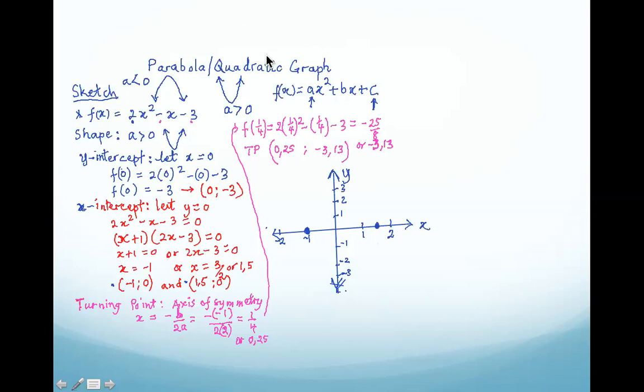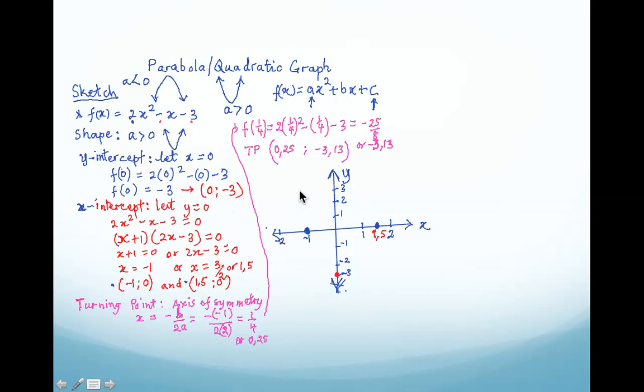So this one I can say 1,5 here. Now, the next thing we need to look for is the y-intercept. The y-intercept is 0, -3. It is a y-intercept, so it must be on the y-axis, so -3 here.